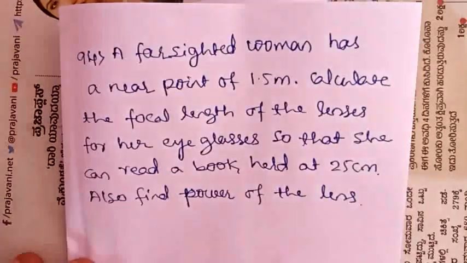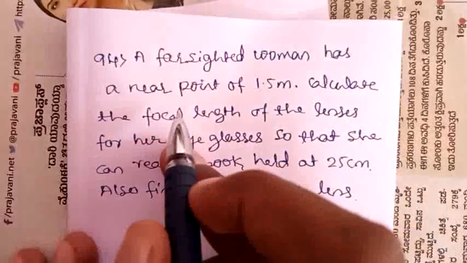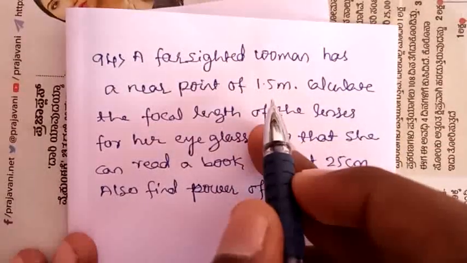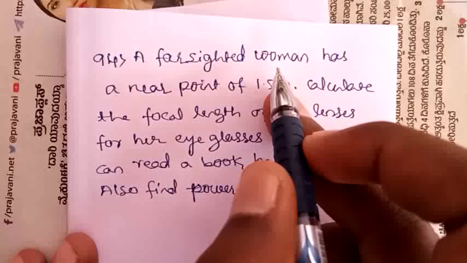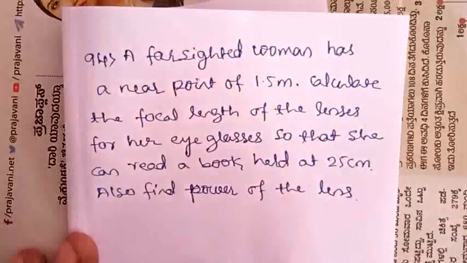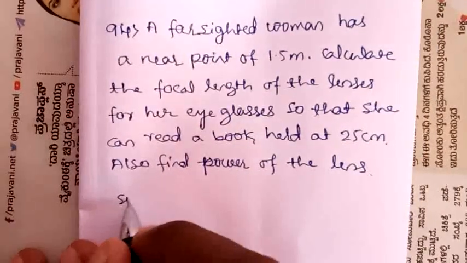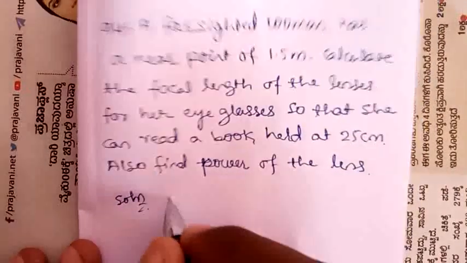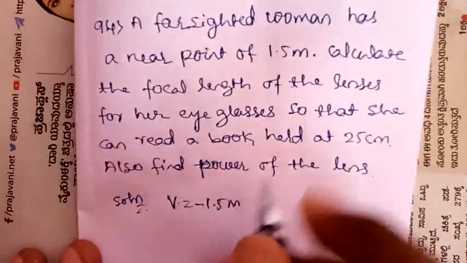Question number 94. A far-sighted woman has a near point of 1.5 meter. Means at this distance the woman can see the image clearly. Means image distance can be taken as minus of 1.5 meter.